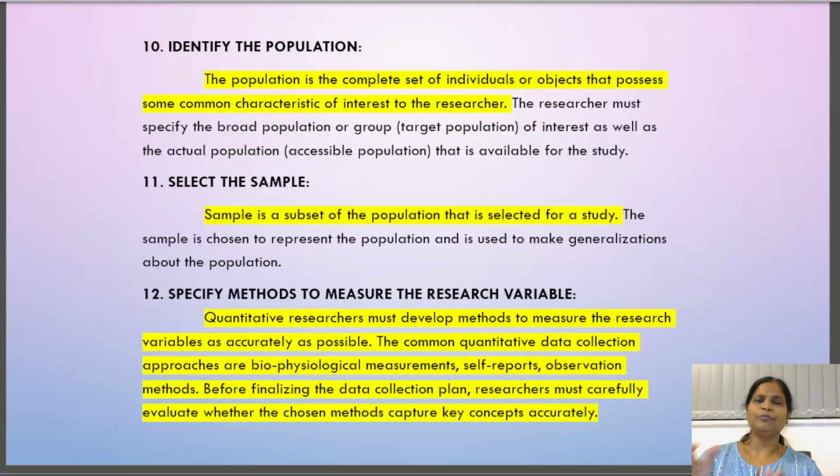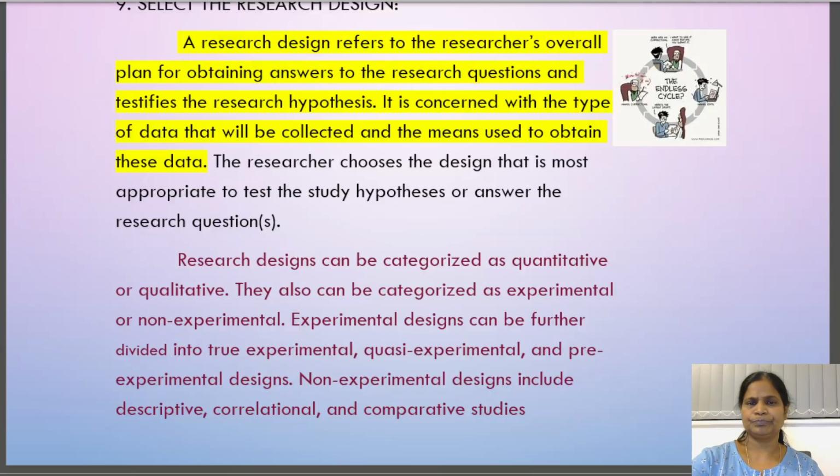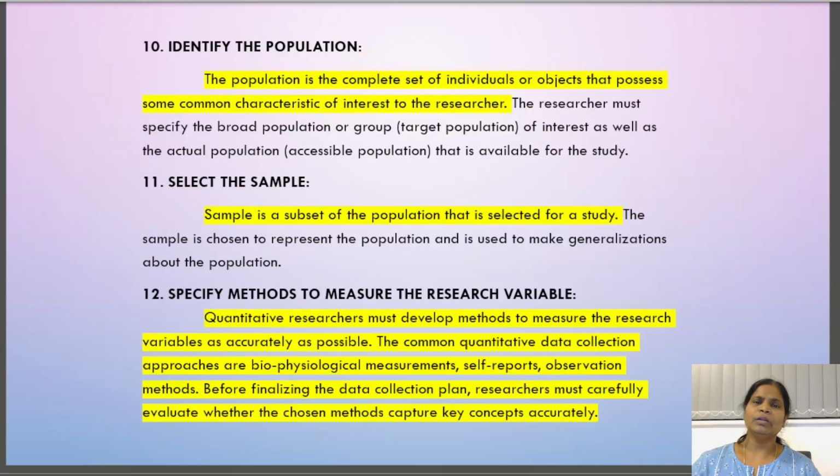The next step following this, the 10th one, is identify the population. Population means the complete set of individuals or objects that possess some common characteristics of interest to the researcher. We say, like, adolescents.